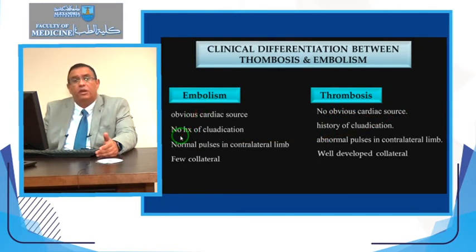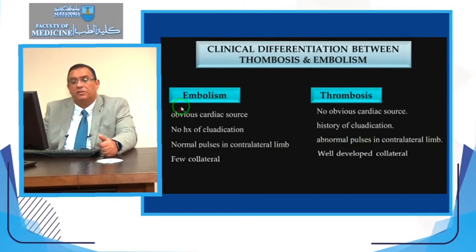In embolism, the patient has no history of claudication, but in thrombosis there is a history of claudication before the attack of acute ischemia. As I told you, there may be normal pulses in the contralateral limb if he presents unilaterally, while in thrombosis there are abnormal pulses in the contralateral limb.